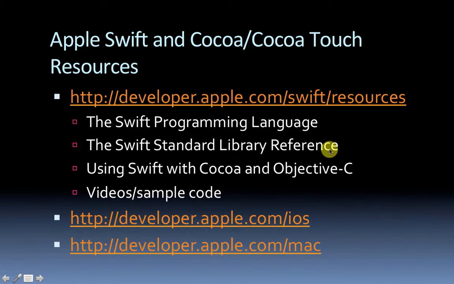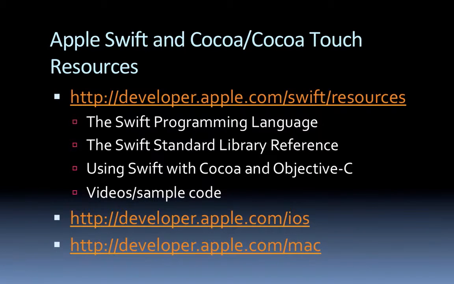The Swift Standard Library Reference provides details for various types and also some global functions, or what they call free functions, that are available to you for use in your Swift code. So things like the array type and the dictionary type, for example, are described by the Standard Library Reference. And in addition, anybody who's going to use Swift to develop Cocoa or Cocoa Touch apps, that is, apps for the Mac or apps for iOS, is going to want to read the Using Swift with Cocoa and Objective-C book.